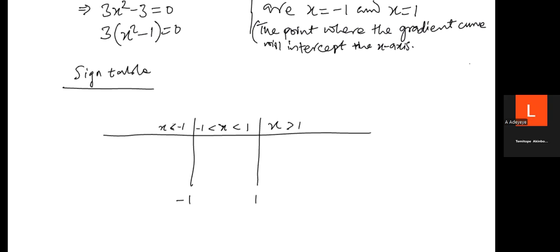Now, I will get my test value. Then f prime of x, I want to see how it's going to behave. And f prime of x is 3x squared minus 3.